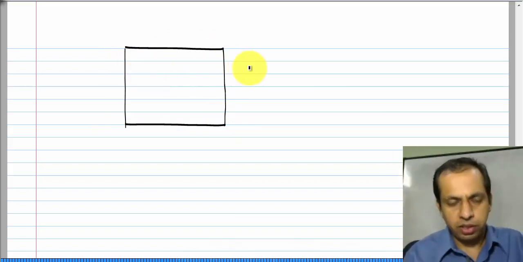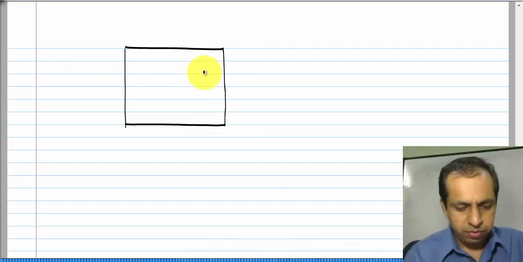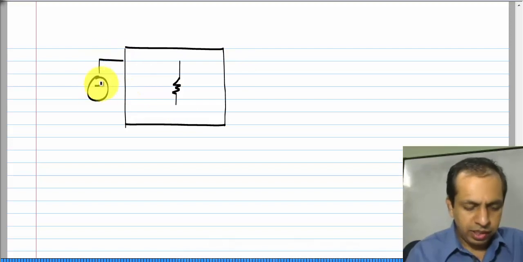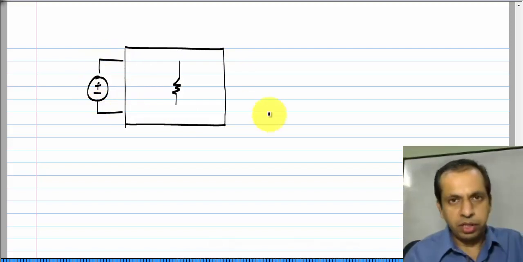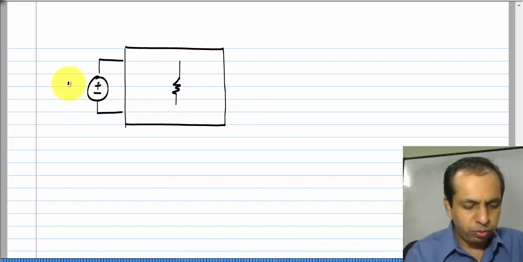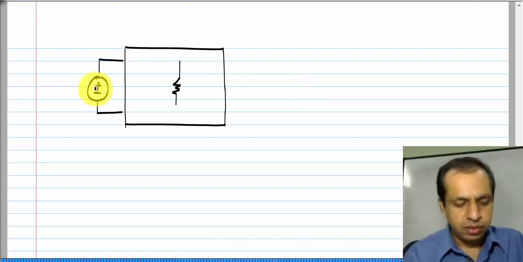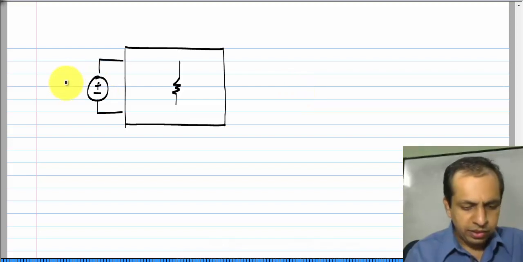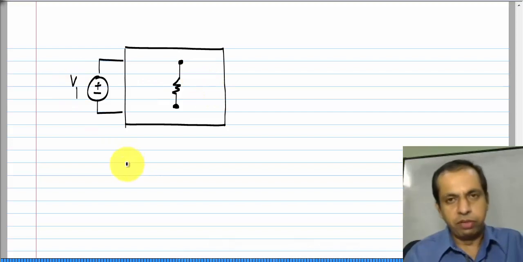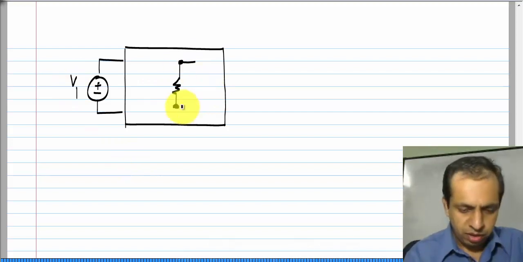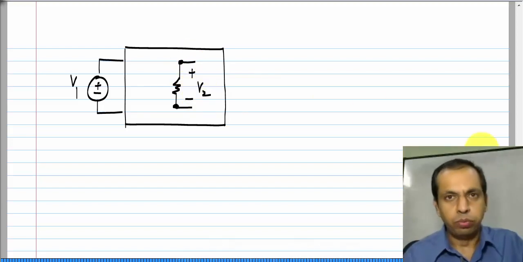So, let us say this is a network and it consists of resistors, and let us say I have a single independent source somewhere, I will consider that to be a voltage source. Okay. Let us say you have already solved for this case, that is, I know that if I apply V1 here, between these two nodes I get a particular V2.